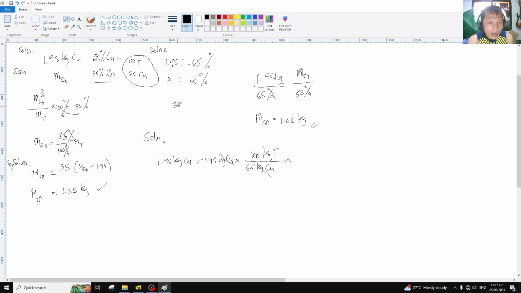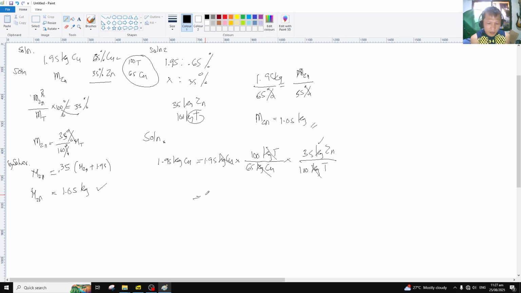You have 35 kilogram of zinc, or gram, whichever, but the same unit, of course, for 100 kilogram total. So by that, your unit now is kilogram of zinc.